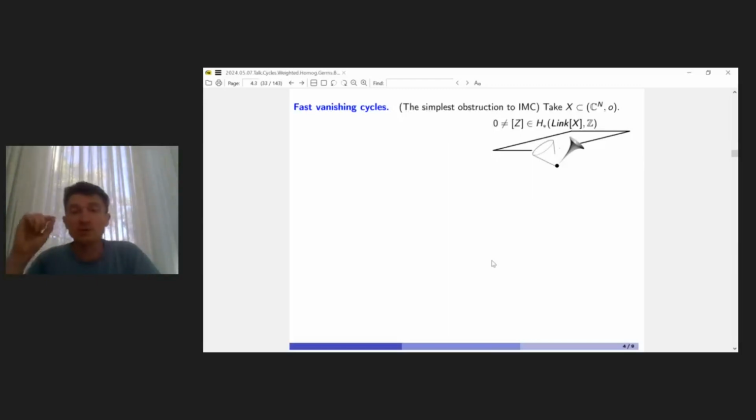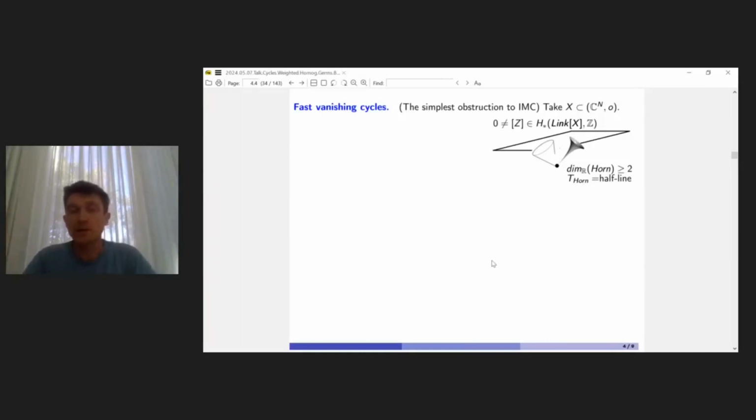Suppose we have found some cycle which is non-zero. Then maybe it will contribute to the fast vanishing cycle. You see here there are two scenarios. On the left, we have just a cone: a cycle that is shrunk at a linear speed. On the right, we have a horn: a cycle which is shrunk at speed at least 2.